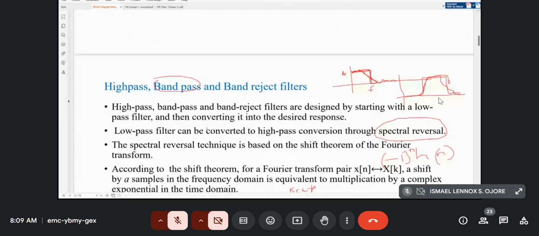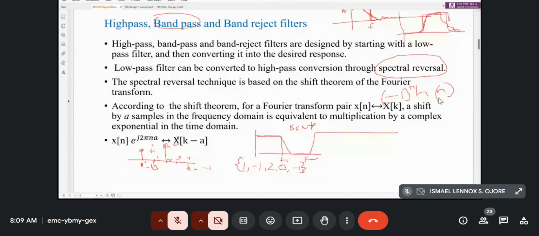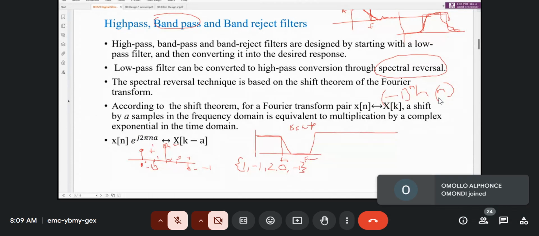So we are going to look mainly at the design of low pass filters. It's normally the easiest filter to design.